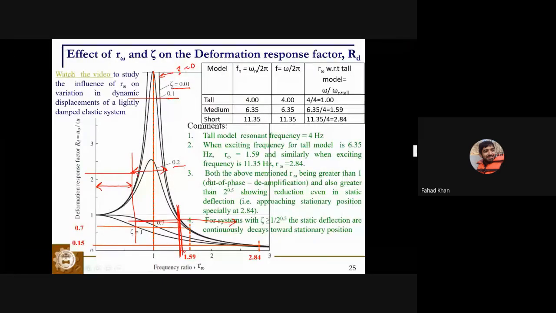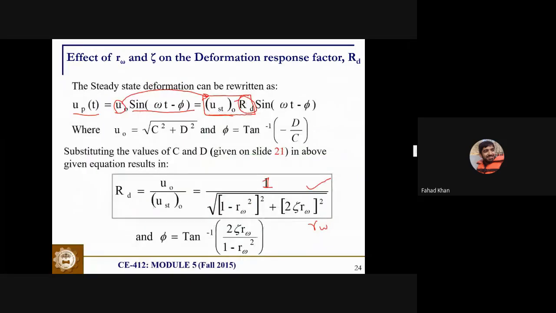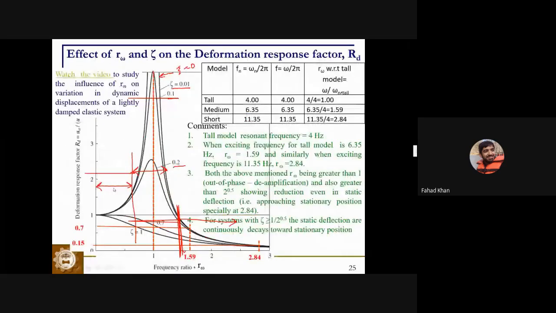So we stand somewhere here. The tall model has a natural frequency of about 4 hertz, and when subjected to a forcing frequency of 4 hertz, you will see our omega value to be equal to 1. So we will have a resonant condition at this point.